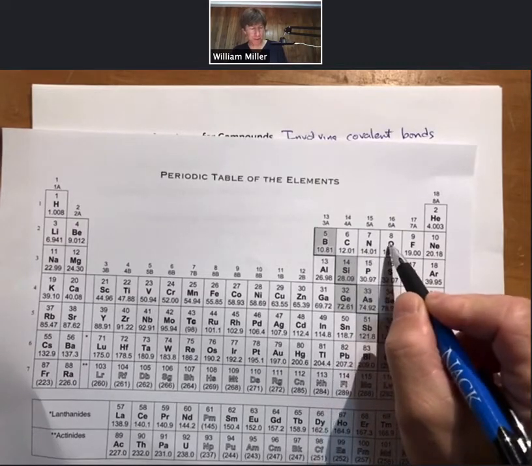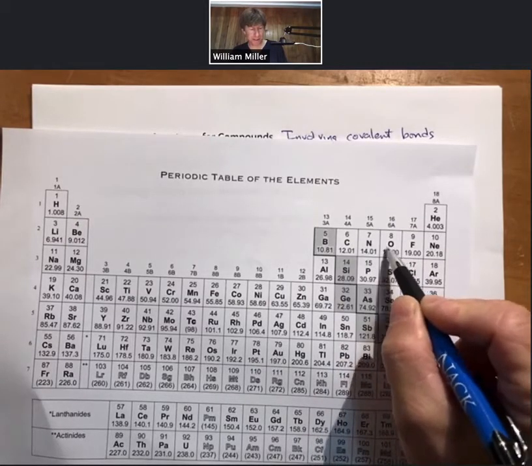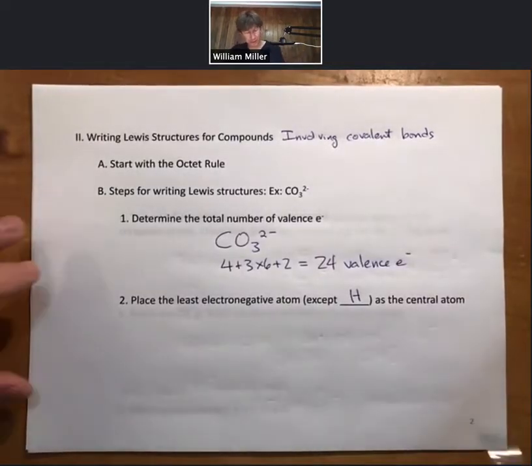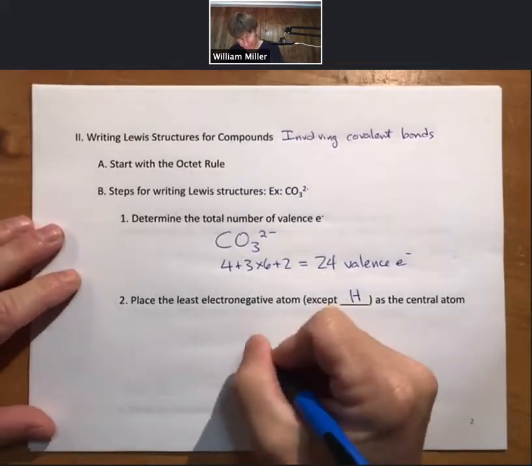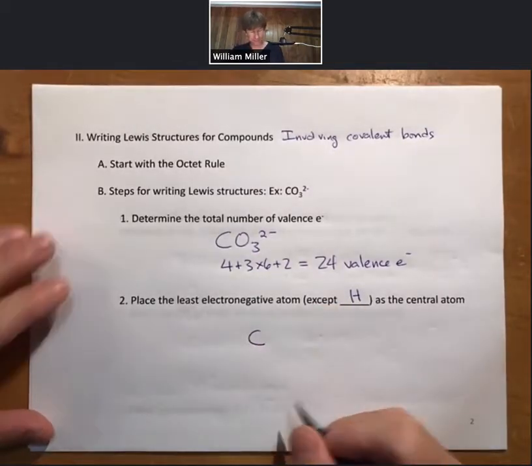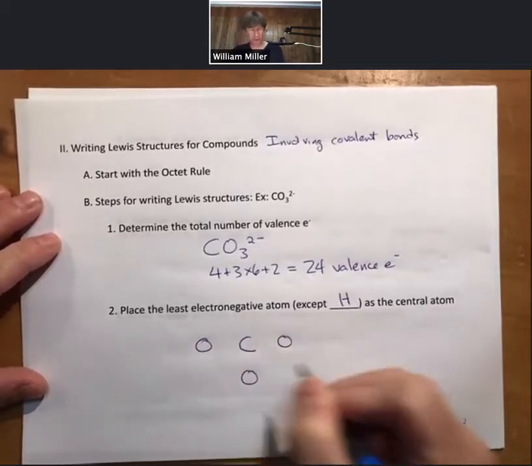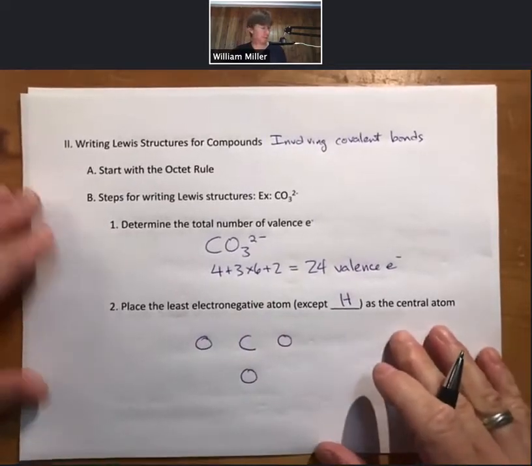However, what's clear from this case is that carbon is less electronegative than oxygen. So place the least electronegative atom as the central atom. So that means I'm going to put the oxygens around it. That's step 2.